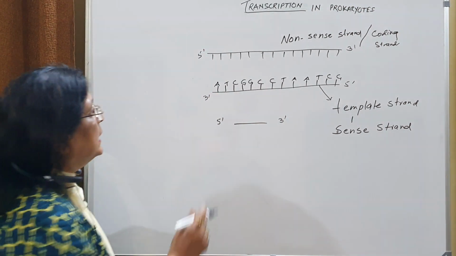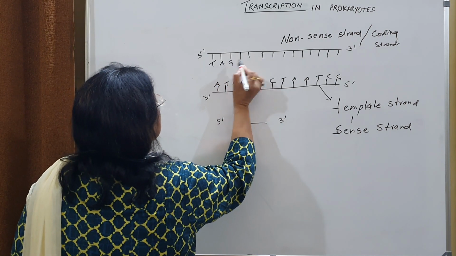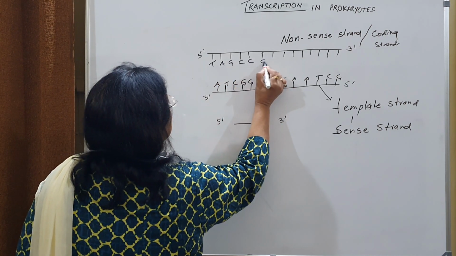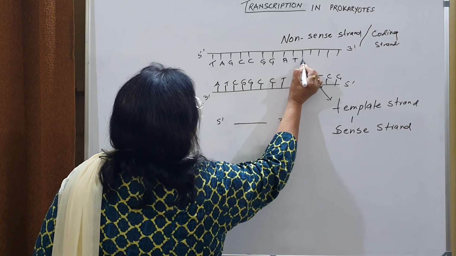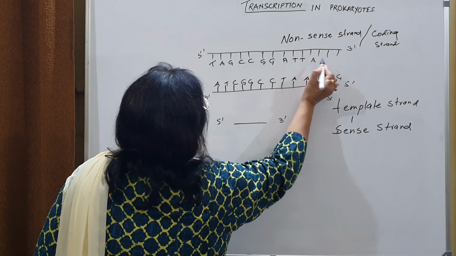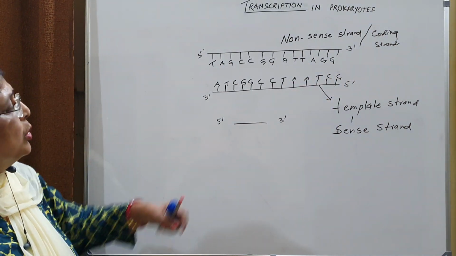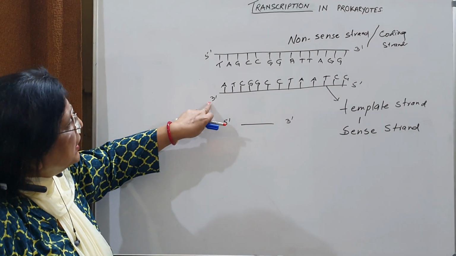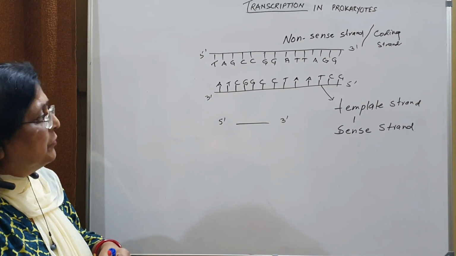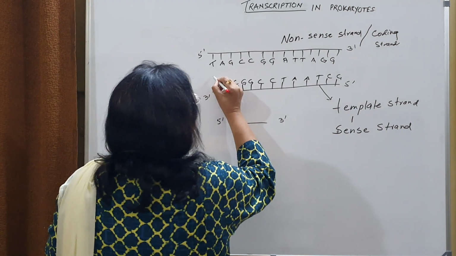Corresponding to it, we'll find the base sequence on the other strand in this way: T, A, G, C, G, A, T, A, G and C. Now, RNA will be formed using this 3' to 5' strand as a template.